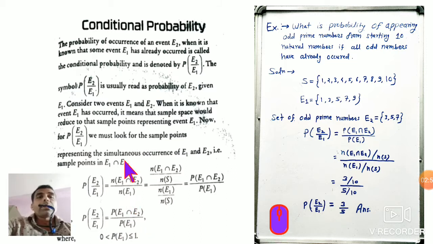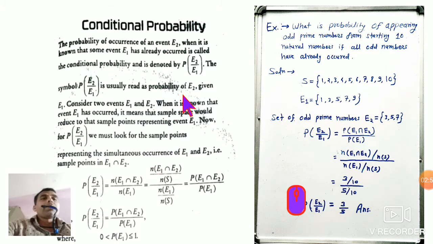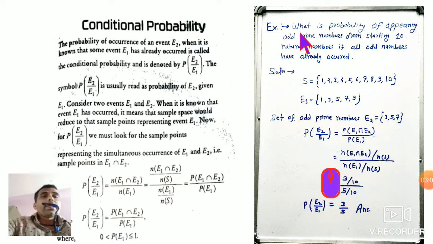This conditional probability will become clear with this example. Let us solve one example related to conditional probability. Read this question: what is the probability of appearing odd prime numbers from the starting 10 natural numbers if all odd numbers have already occurred?